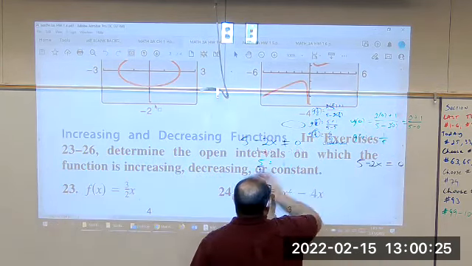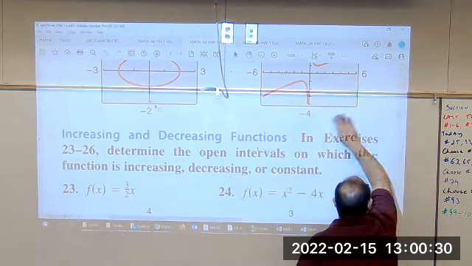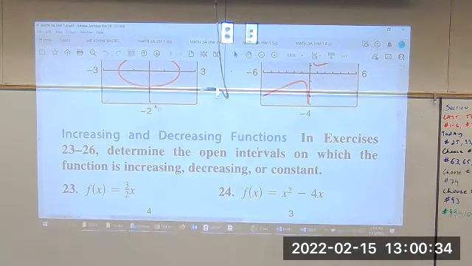And it's only about open intervals. We're not worried about closed intervals for increasing or decreasing. The only way you're going to have closed intervals is if you have a solid point somewhere.